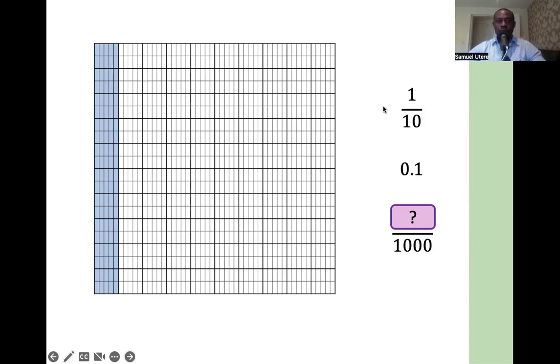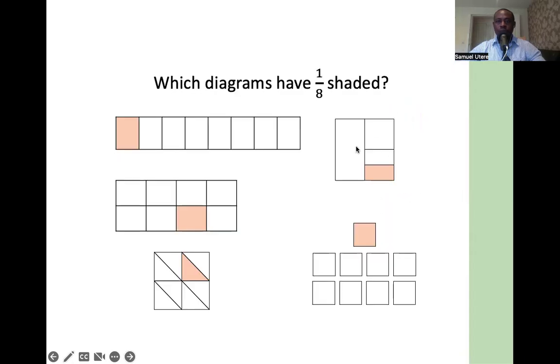So 1/10 is the same thing as 100 thousandths, so 100 over 1,000. Notice also that to make it a thousandth, we could have multiplied the denominator by 100, which will make it 1,000, and we also multiply the numerator by 100. So that is another way of thinking about the problem.